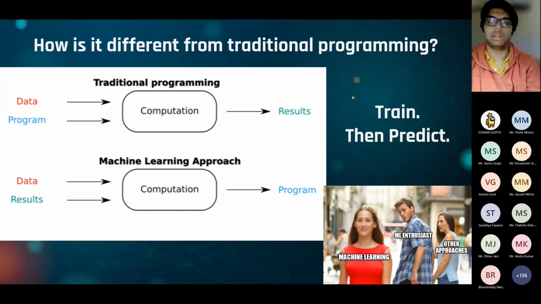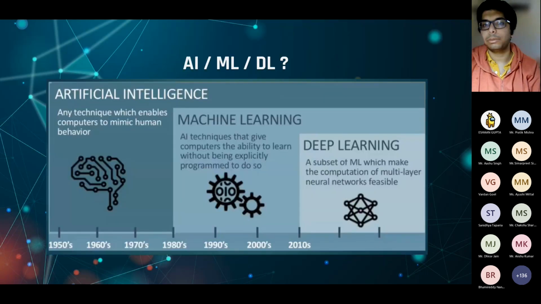Now a lot of you would be thinking, how is this related to artificial intelligence? How is it related to deep learning, which is the exact event that you're focusing on? This is the timeline of artificial intelligence, machine learning, and deep learning. Initially we developed artificial intelligence, which is any technique which enables computers to mimic human behavior.